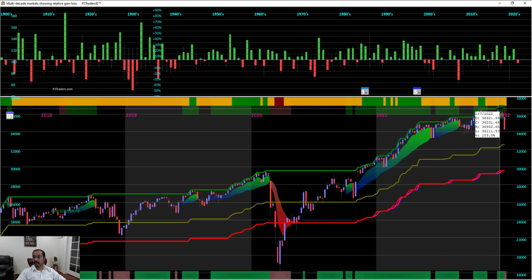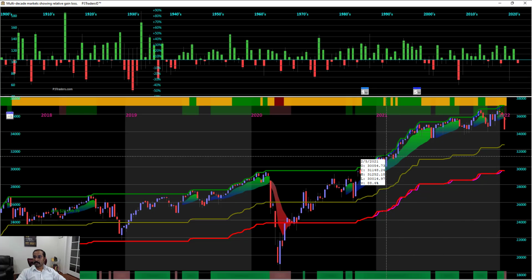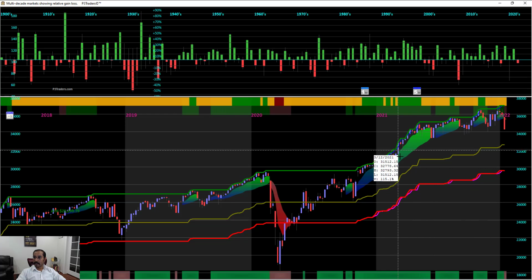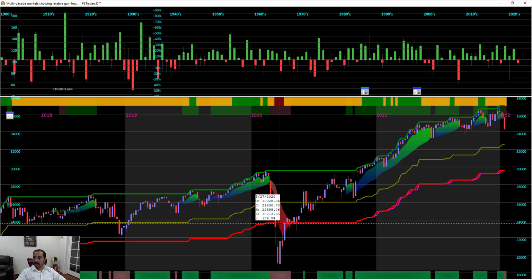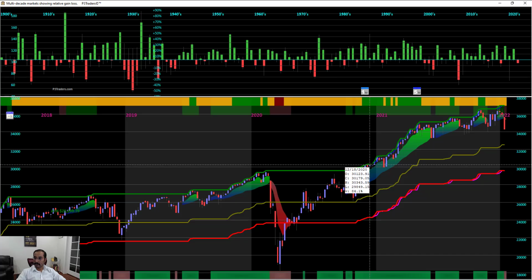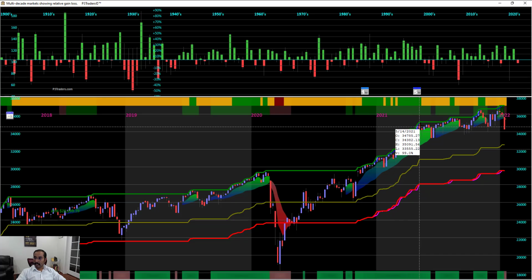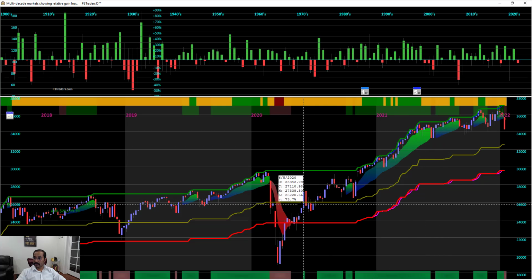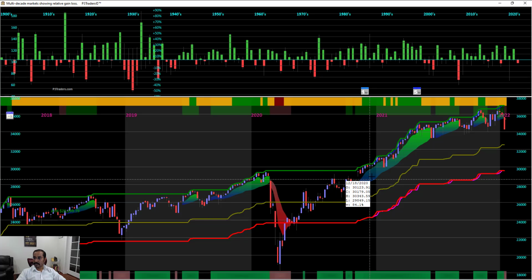If you see here, this is the top, and this line will automatically tell you that if anything comes down to this red line, that is a bear market, and if anything goes closer to the green line, that is a bull market. It kept climbing closer to that since 2020, whenever it happened. After that, it started climbing.